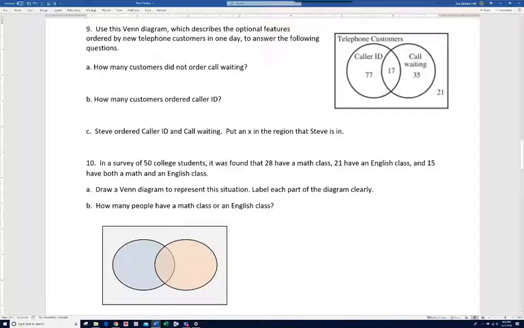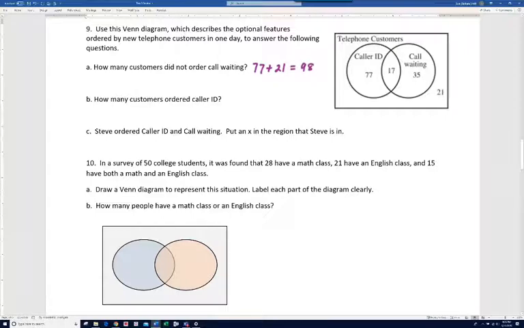Well, those would be the people that are not in the call waiting circle. So there's 77 plus another 21. And so that would be a total of 98.